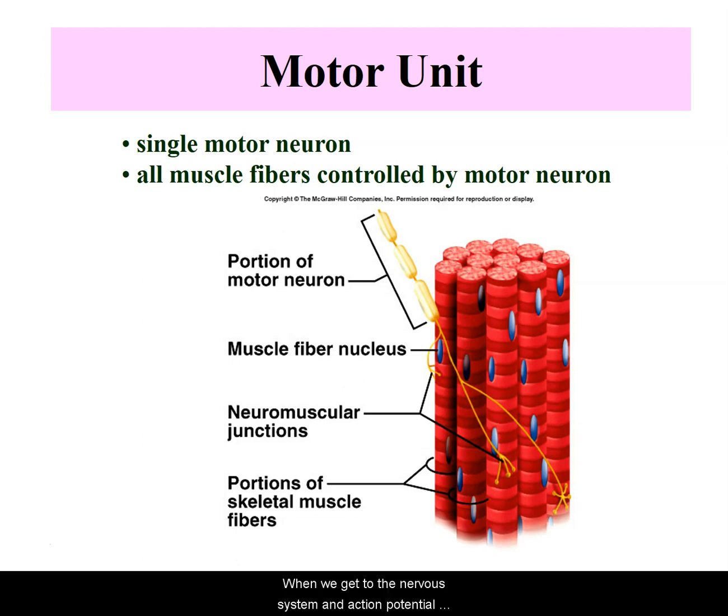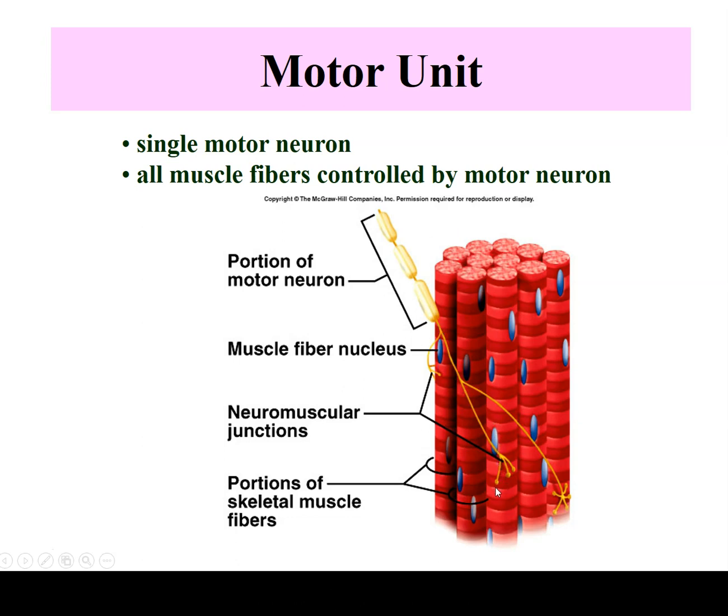When we get to the nervous system, an action potential of a neuron is when you have a nerve impulse. You could have an action potential with a neuron or all the nerve fibers in that nerve, and when they fire, that nerve impulse is called an action potential.